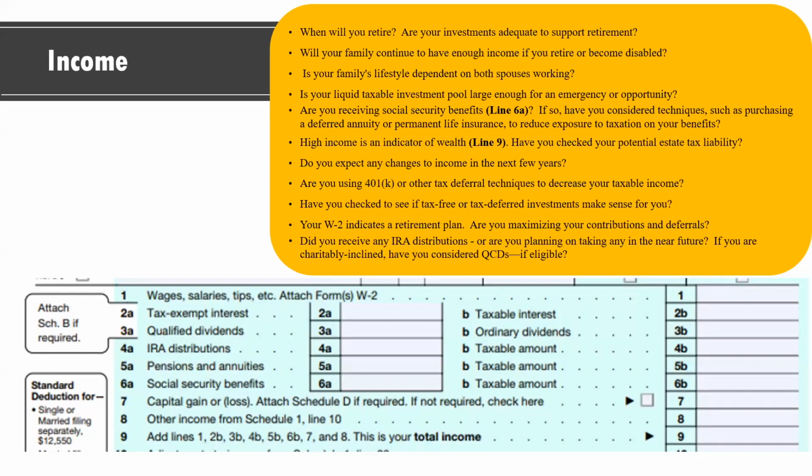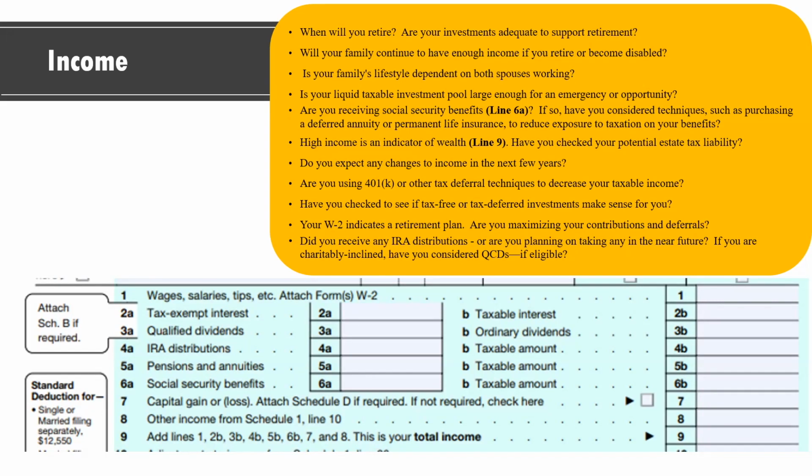Does the client understand that distributions from pension accounts can be the most expensive money that the client accesses for various things, right? So those discussions can be had based on what we're seeing in those fields. Is the client a candidate for doing rollovers? Is the client a candidate for doing a Roth conversion so that future distributions come from a more tax-advantaged account like a Roth IRA? All of those things are relevant.